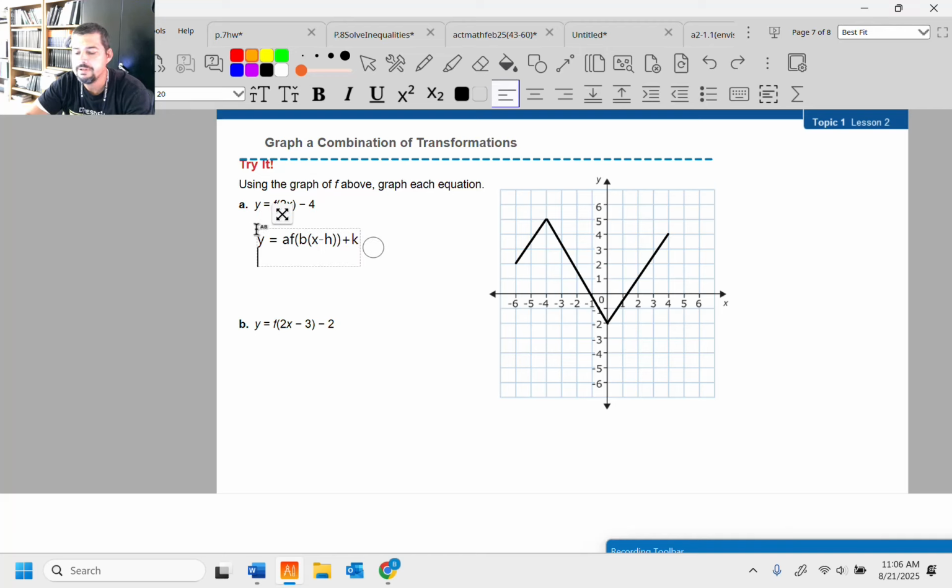The only two letters I see here is that b is 2, and k is negative 4. Now, just like h was opposite sign, b works opposite of what you think. Having a b value of 2 does not mean that you double the x values. It actually means you halve the x values. So with b equal to 2, it means divide the x values by 2.